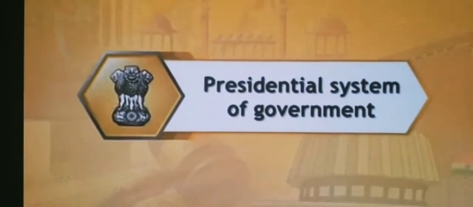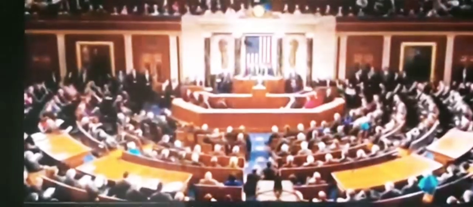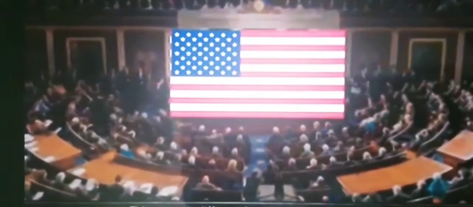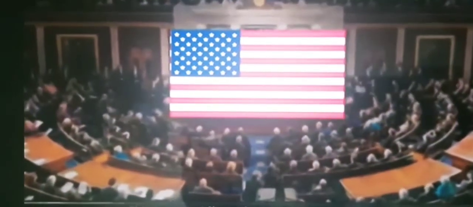Presidential system of government. The presidential system of government can be said to be another important system of government. This type of system exists in countries such as the United States of America. This system is different from the parliamentary form.